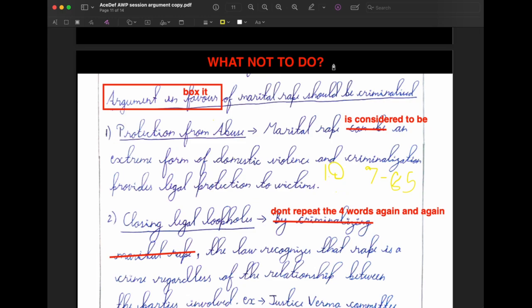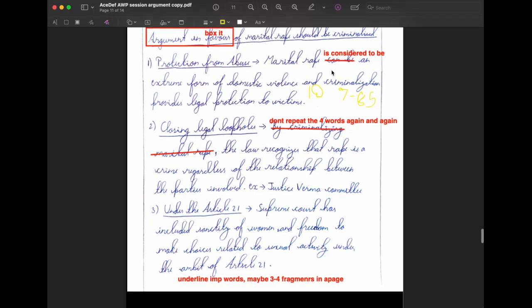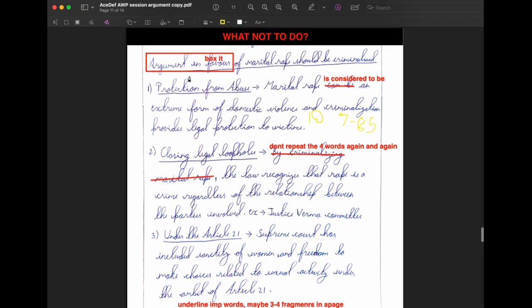Another point to focus on what not to do is not to put the unimportant points first. Suppose there is an argument in favor of marital rape should be criminalized. Now, protection from abuse is obviously the first point, but under Article 21 is a constitutional thing. And it is very important because it is the right to life.